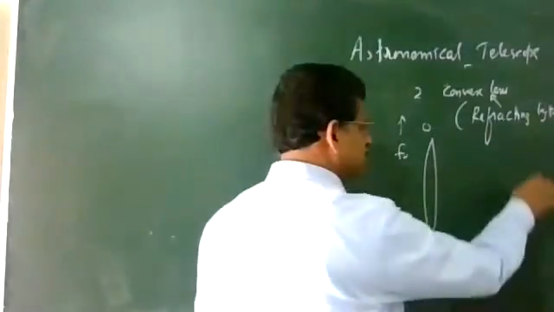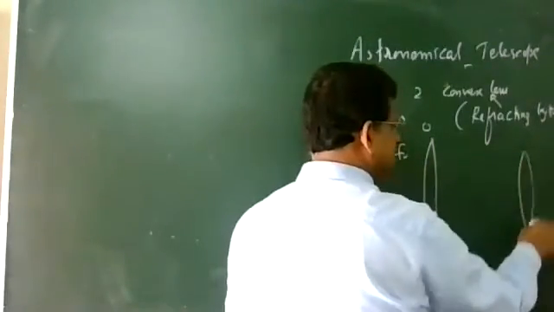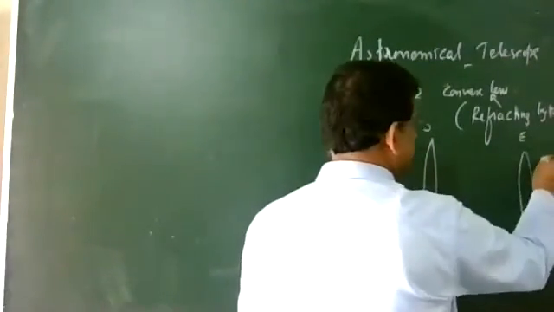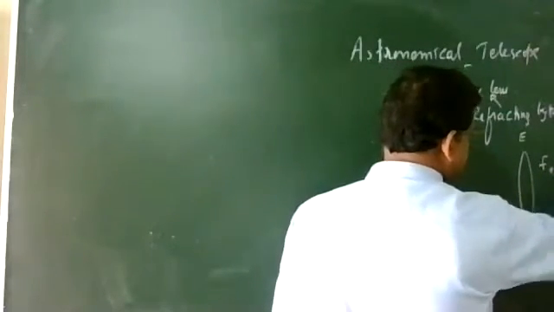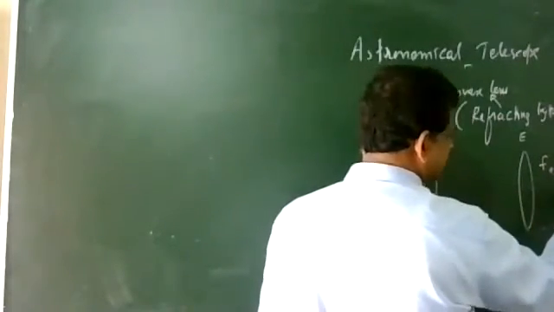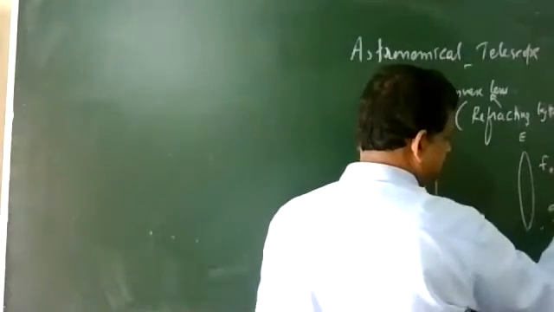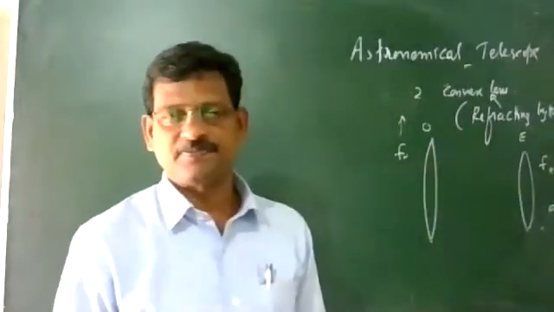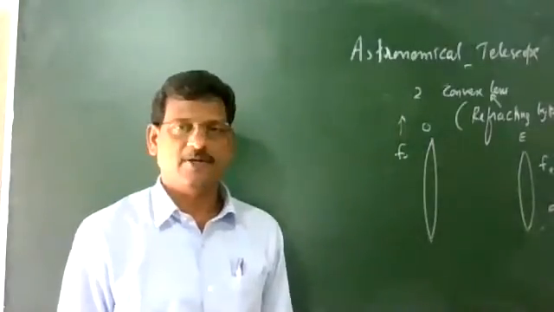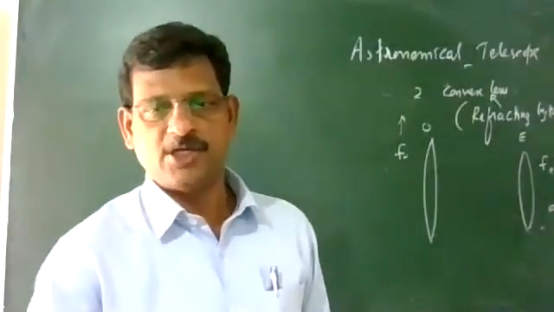And the eye lens. The eye lens has a moderate focal length and moderate size of aperture.